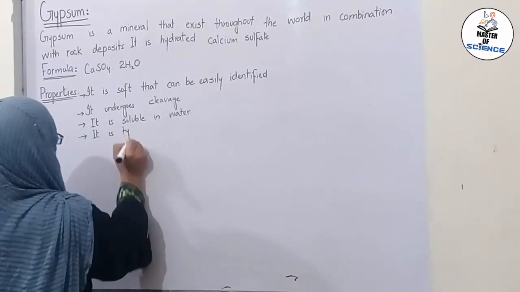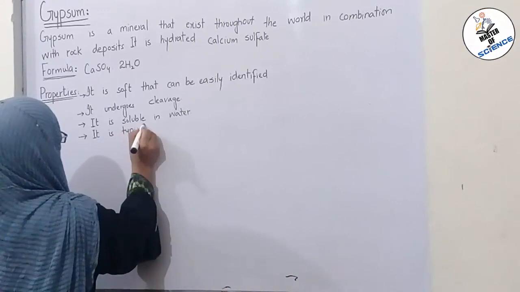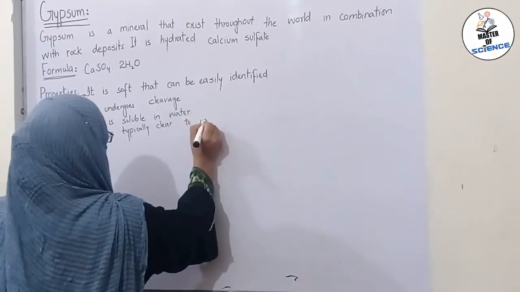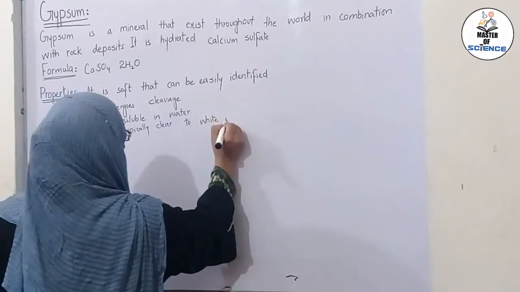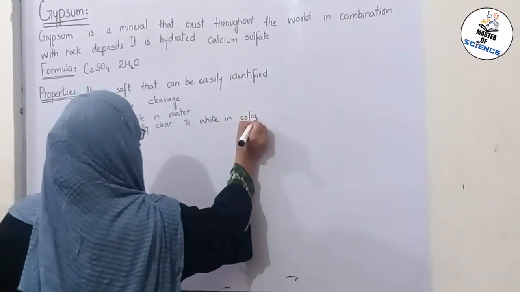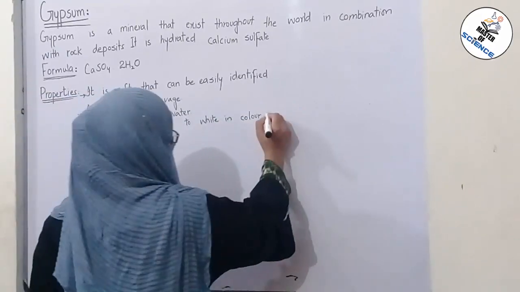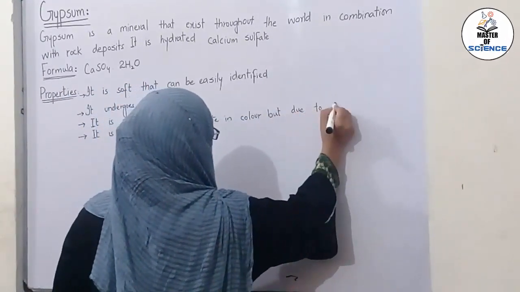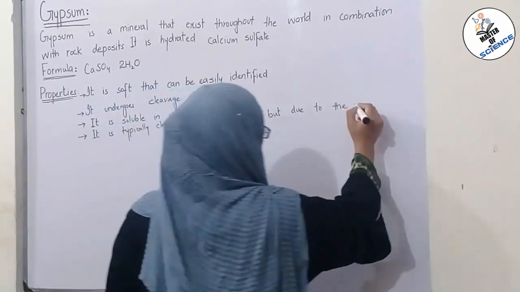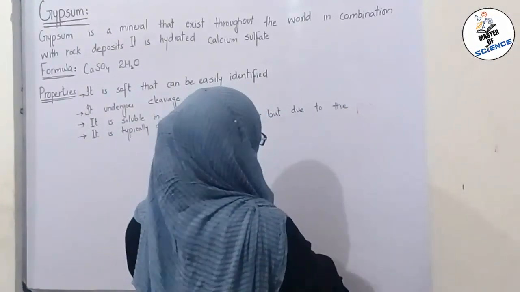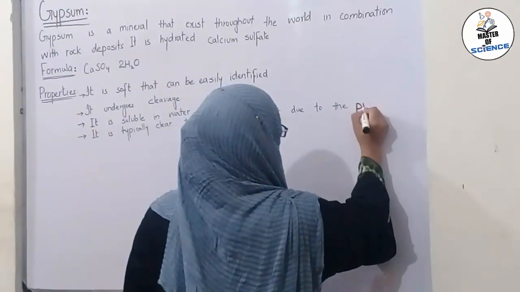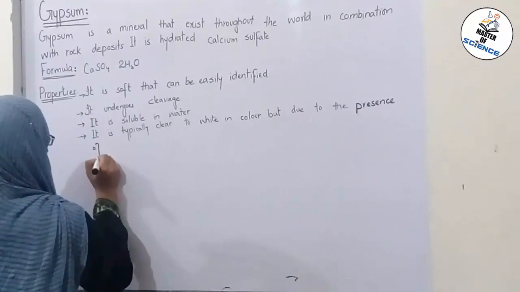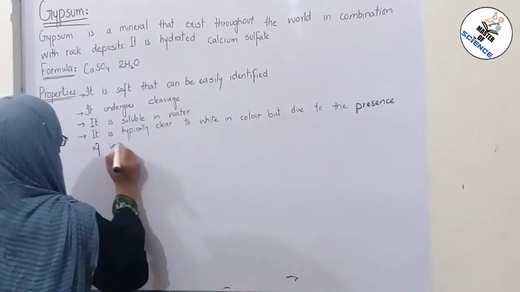it is typically clear to white in color. But due to the presence of impurities, it shows color.